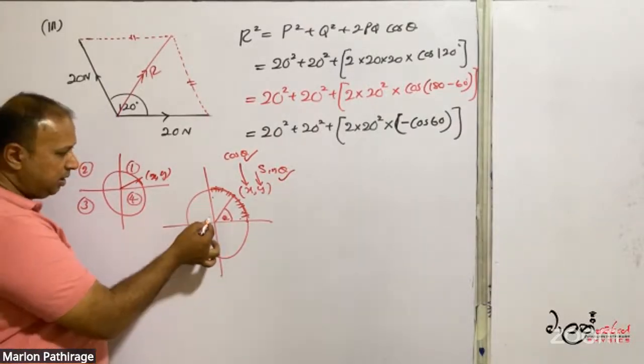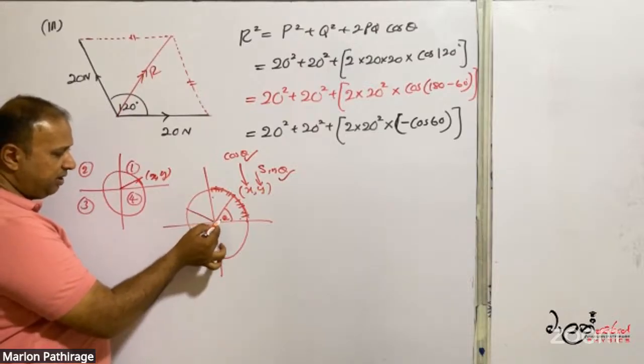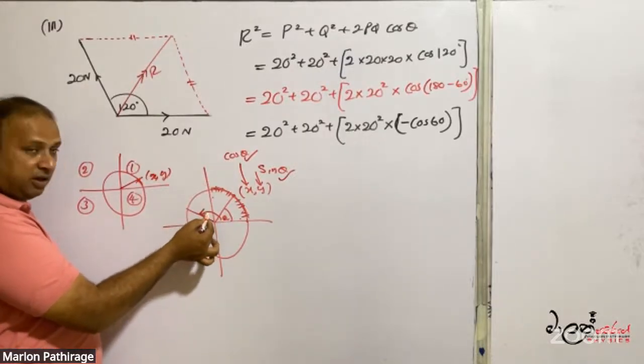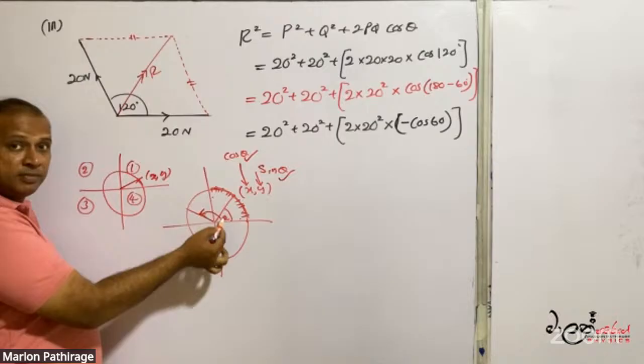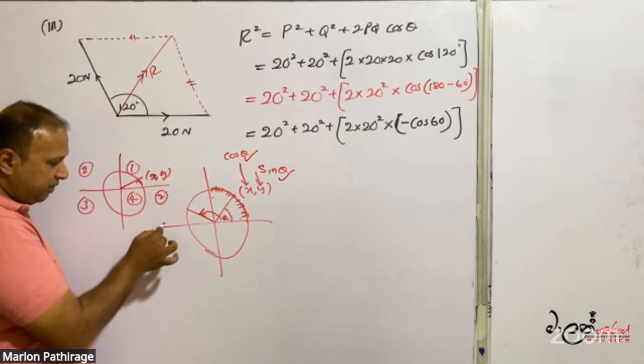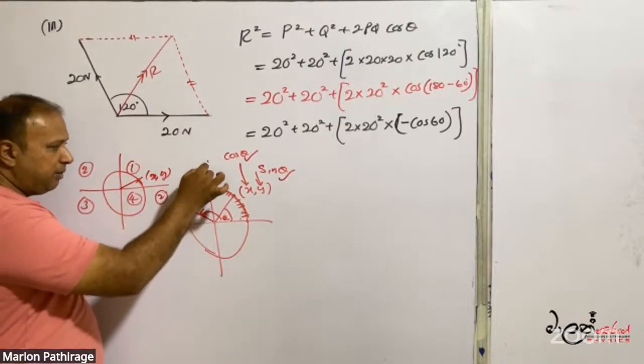But when the angle goes beyond 90, that means the angle goes to the second quadrant, now it is very clear x values are negative, but y values are positive.